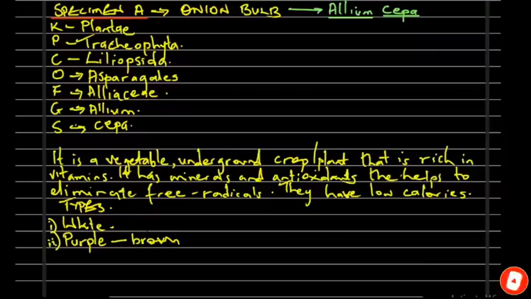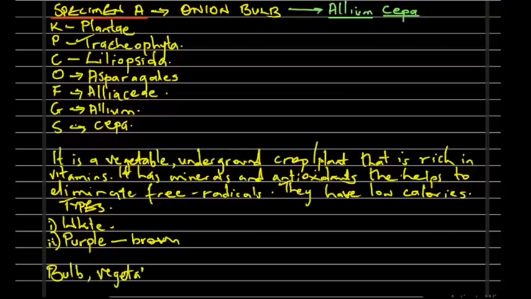This is distinguishing it by its characteristic color. Now, like we said earlier on, it is a bulb. It is a vegetable, so it can be added to our meals as vegetables.